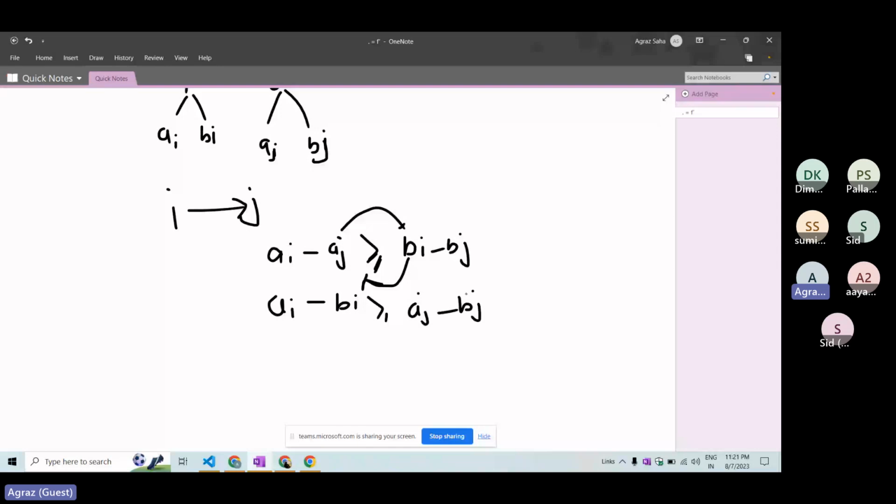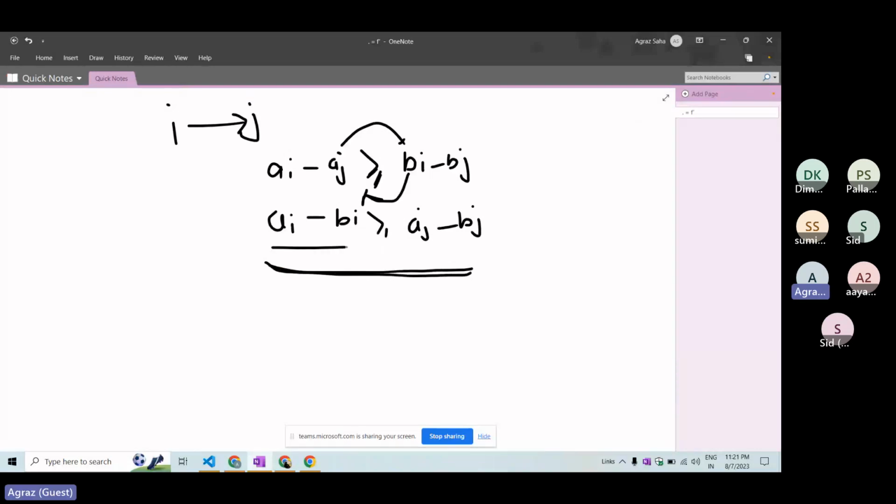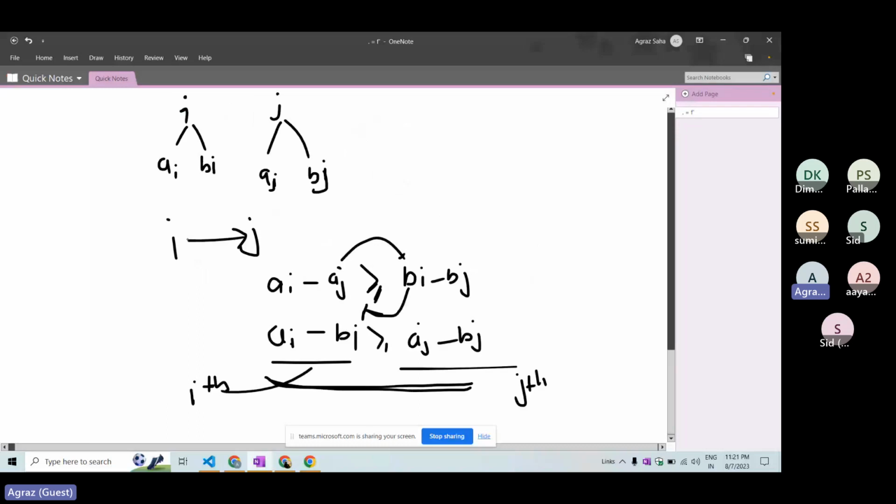Now one can ask why I have done this. I have done this approach basically so that I can separate the entities. Now you see, this side is completely dependent on the ith value, A of I and B of I. This is the j side. If this condition exists, then only I and J are connected.